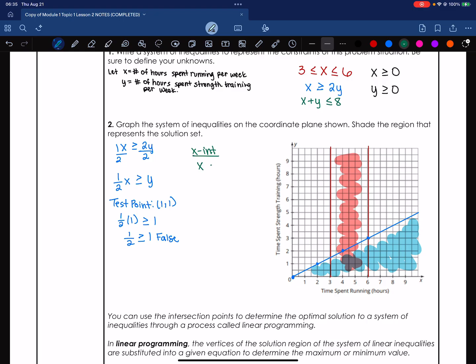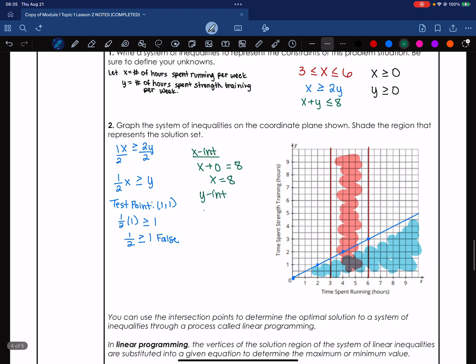So that would be x plus 0 is, we're just going to use an equal sign, equal to 8. So that gives me an x-intercept of 8. When I do my y-intercept, that would mean we plug in 0 for x, and I get y equals 8. So I have 8 as a y-intercept. I have 8 as an x-intercept. I'm going to connect those two dots.